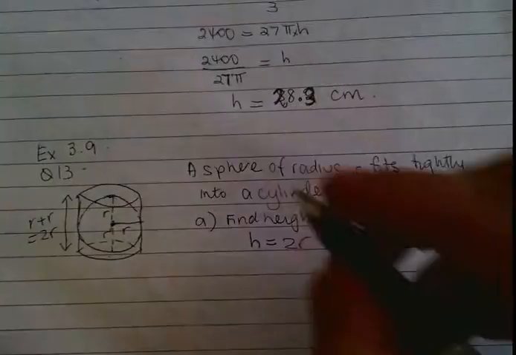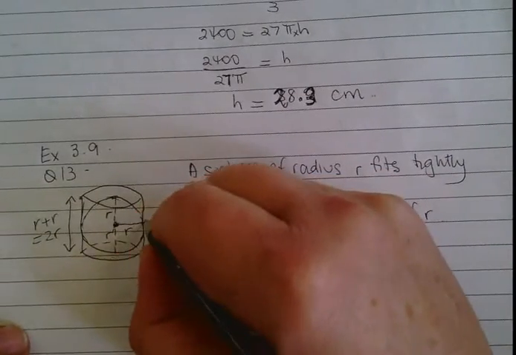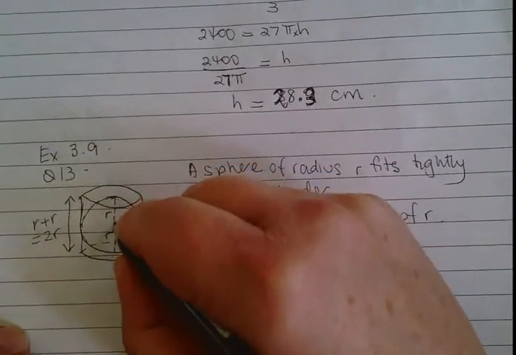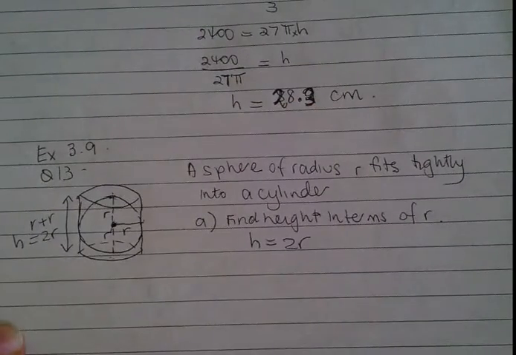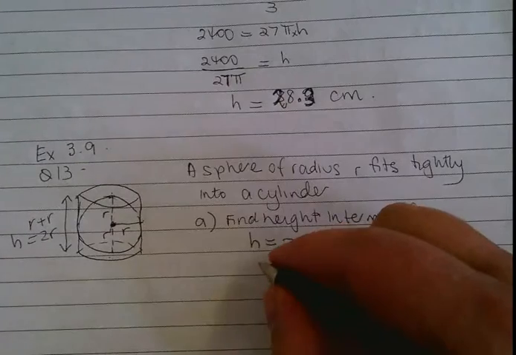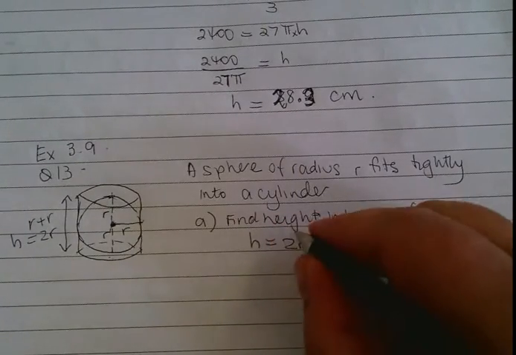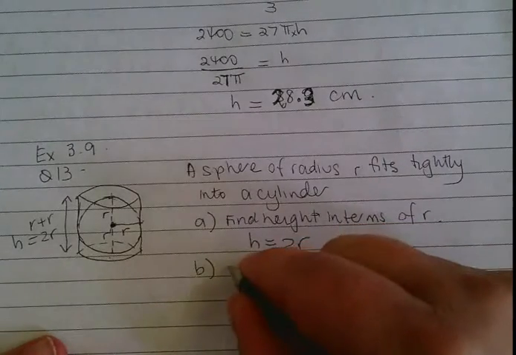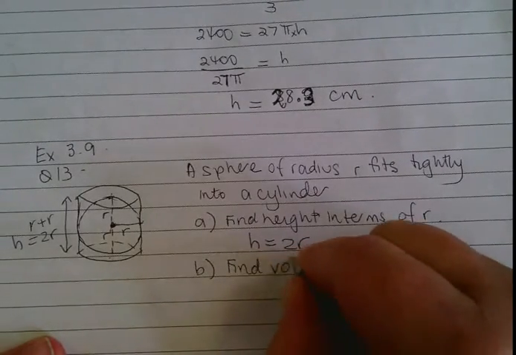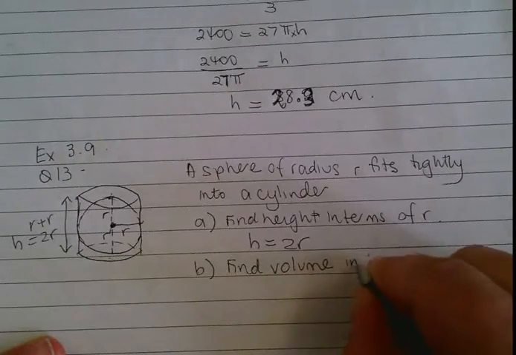If the radius is the distance from the center to the outside of the sphere, you go r up and r down, which gives a height of 2r. That is the trickiest part of this. It says show that the volume is 2 pi r cubed. I'm just going to put find the volume in terms of r.